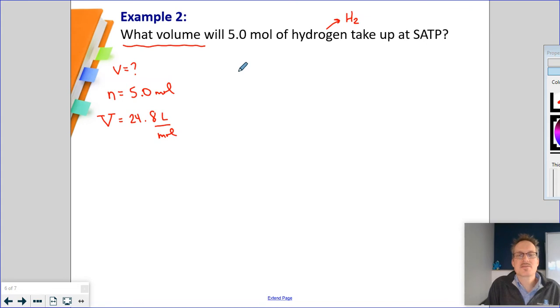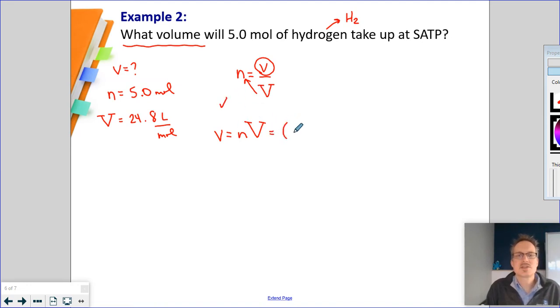So I get my first mark for my memorized formula, V over big V. Again, we are solving for volume in this question, so we're going to have to move molar volume up to the other side. So V equals moles times molar volume.